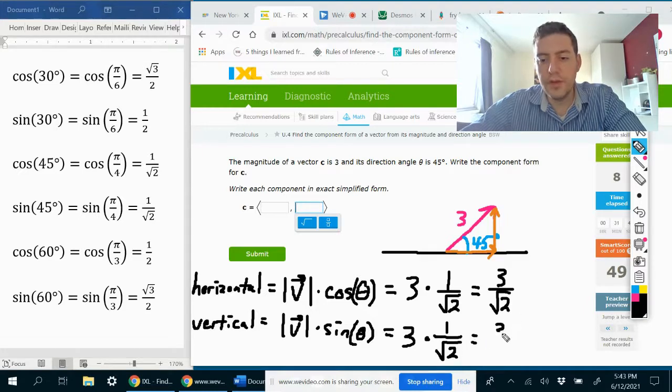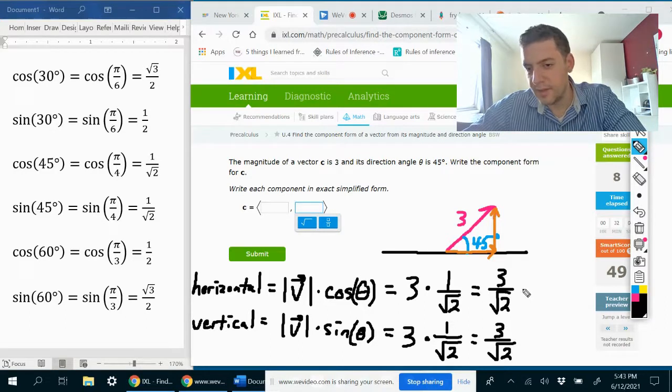So both of these would be 3 over the square root of 2, except I believe that IXL would not accept this, if I'm remembering correctly from another IXL exercise, maybe like a month ago or something. To rationalize the denominator, we could multiply the numerator and the denominator by the square root of 2.